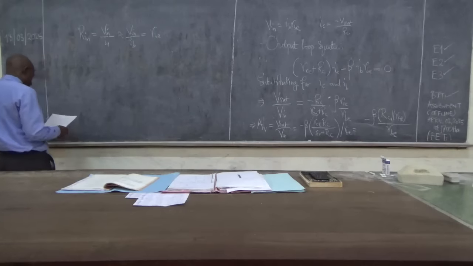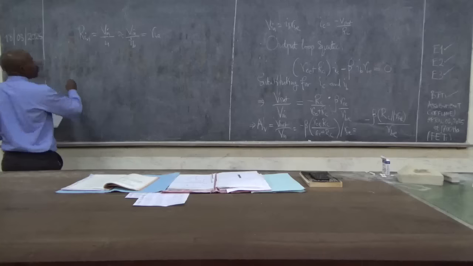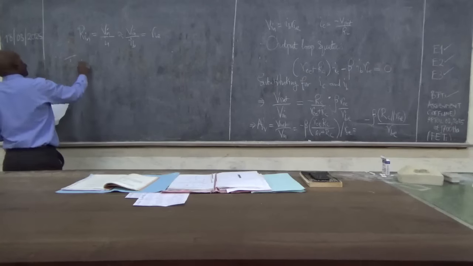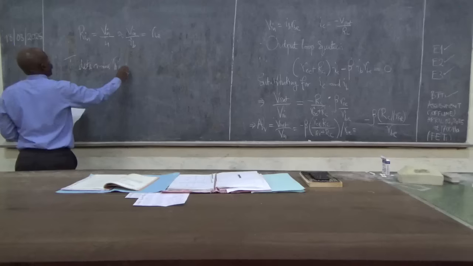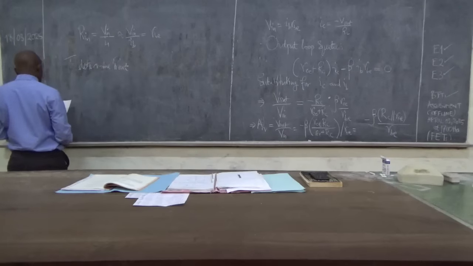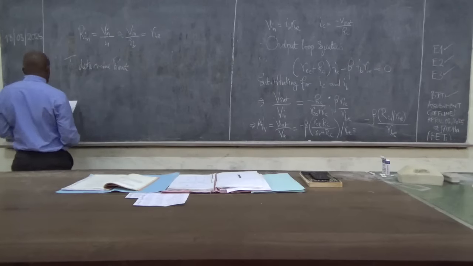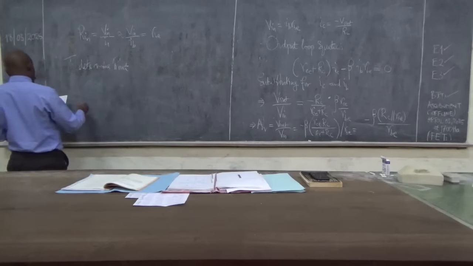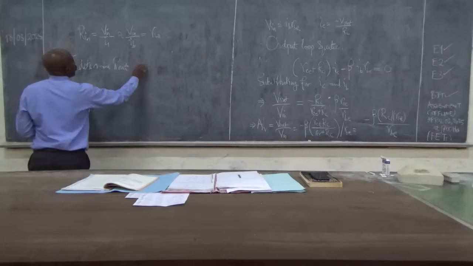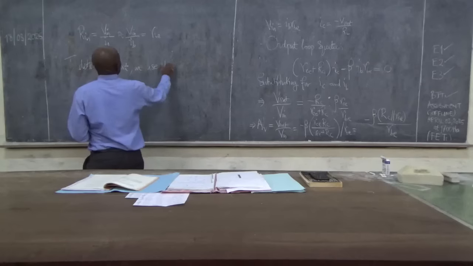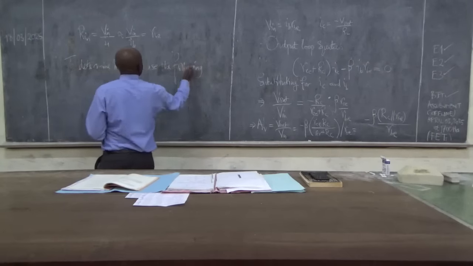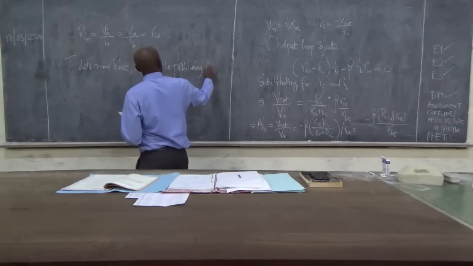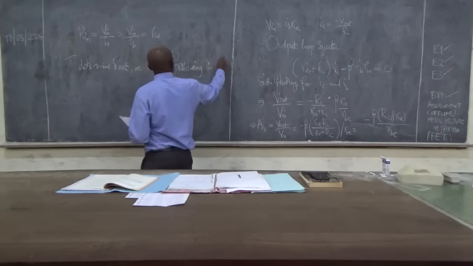Explain to you what I wanted to put. So to determine R out, we use the following circuit, or we use the circuit below.